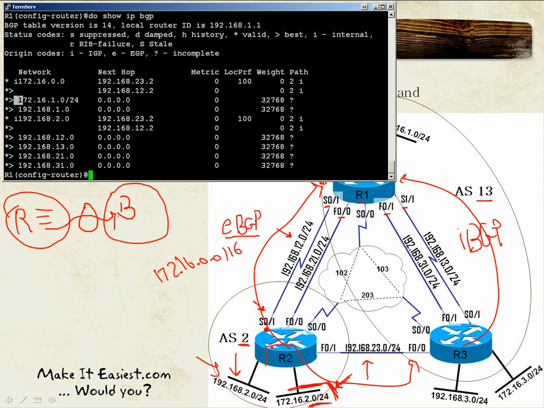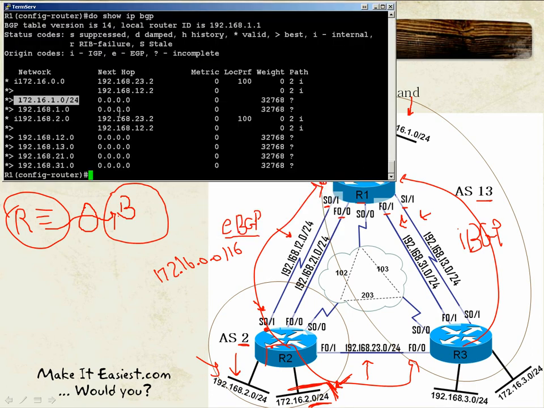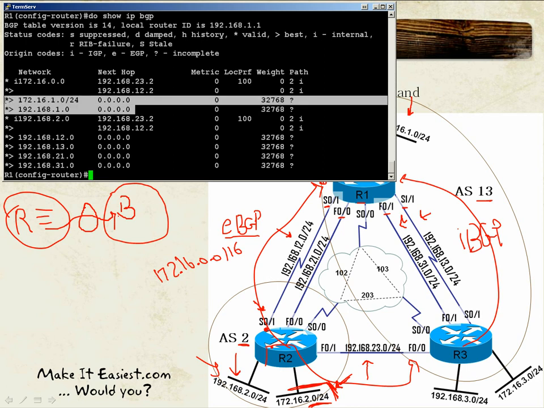Now it is injecting the 172.16.10/24, this network right here, and of course this network and other connected networks as well. We have like 5-6 of them, all networks that have 0.0.0.0 as next hop, meaning that they are locally originated or injected by the local router into the BGP database.